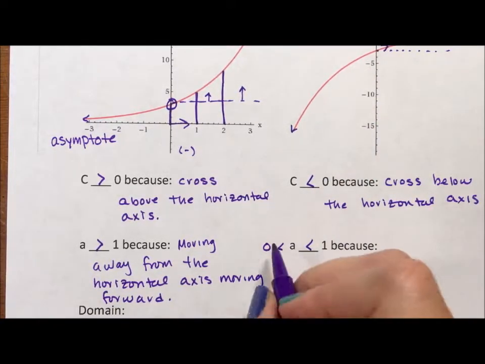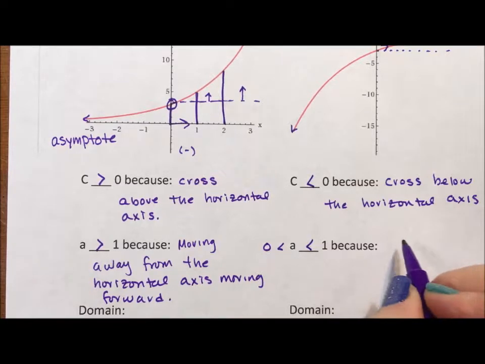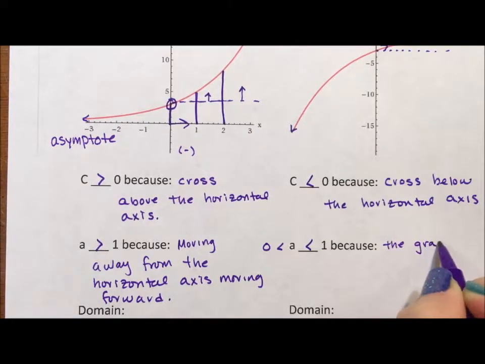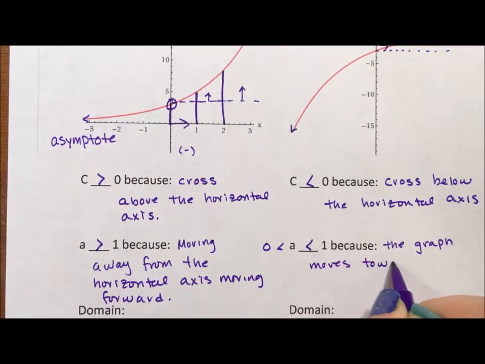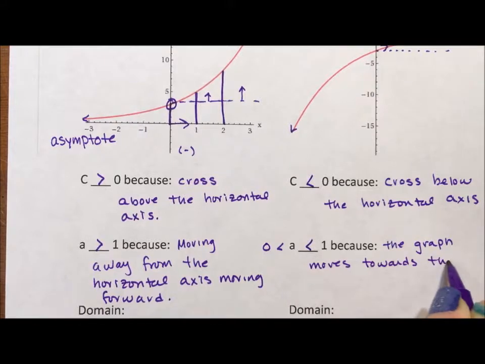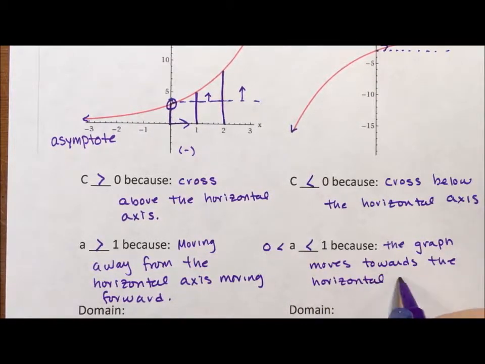Okay, so it is between 0 and 1 because the graph moves towards the horizontal axis, moving forward.